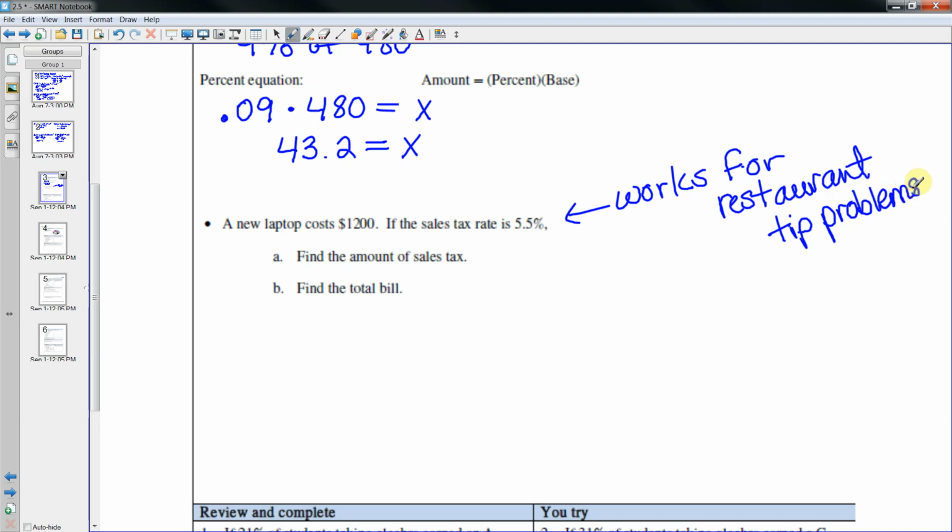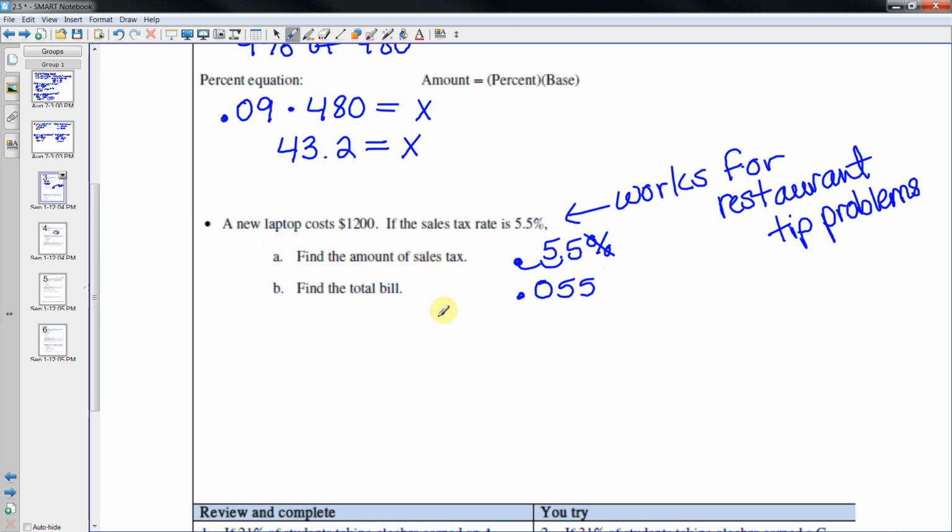So here we have a new laptop. It costs $1,200. The sales tax rate is 5.5%. Find the amount of sales tax. So in order to find the amount of sales tax, first of all, my 5.5% needs to be changed to a decimal. So drop the percent, move it 2 places to the left. So 0.055. That is my sales tax rate.